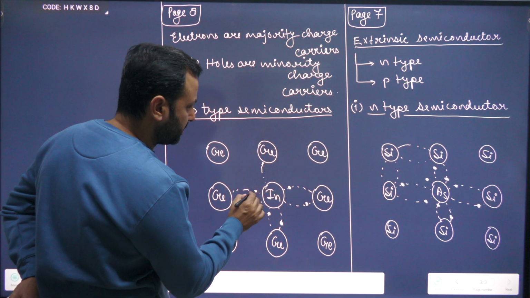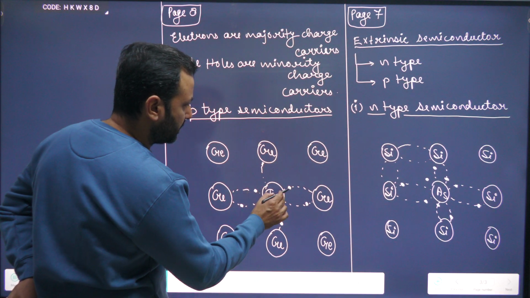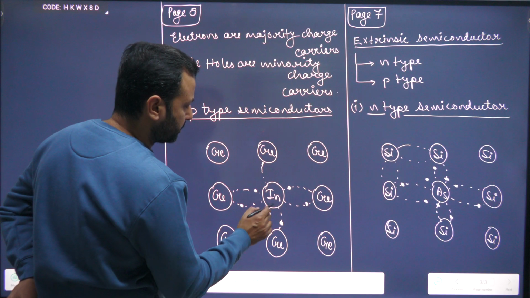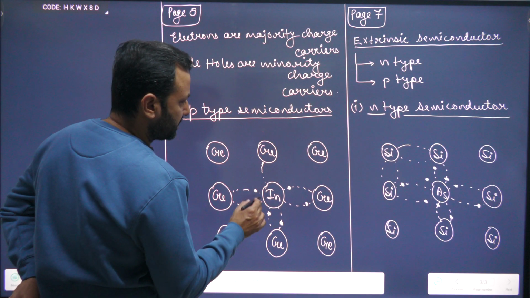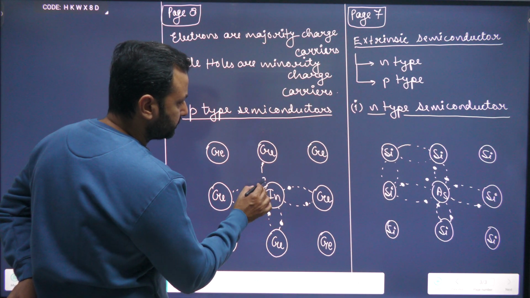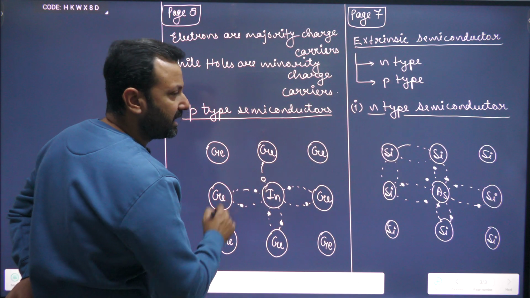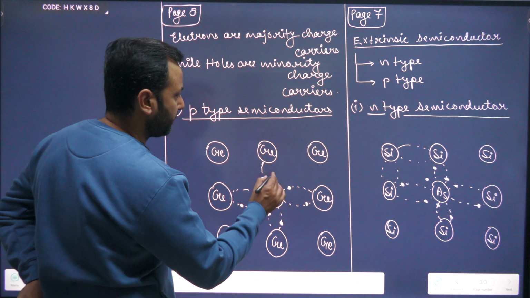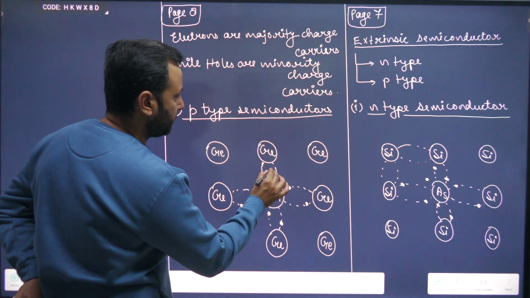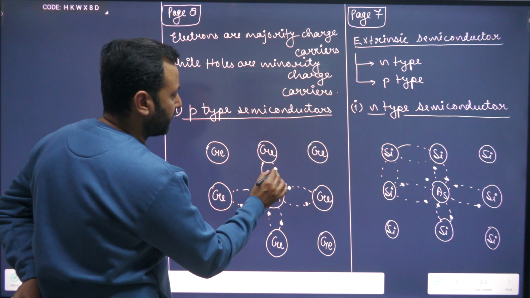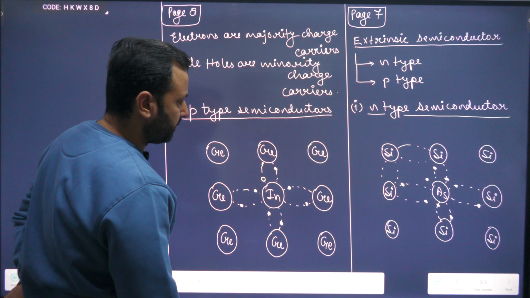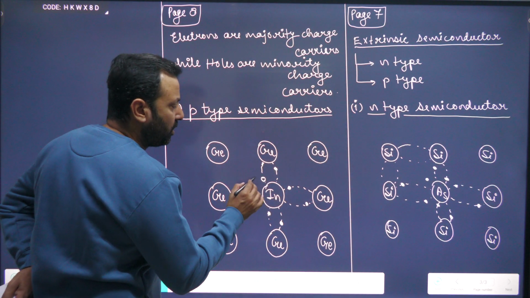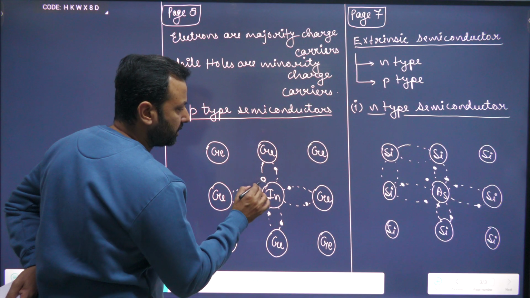Outermost electrons are 3, so I have located this electron and this electron. The next electron leaves a vacant place here. Vacant place means it leaves a hole here, and one electron is being shared with this indium. So it leaves a hole here. Do you understand what this is?